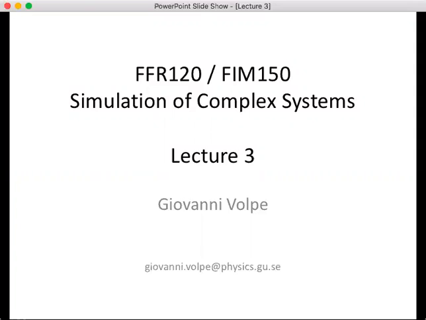But I can already tell you, for example, for the brain, one interesting thing is that what has been observed is that the brain of healthy people has a small world organization and a power law organization in the degrees of the nodes. So it's really not a random graph, it's really a graph that has the properties I described at the end of the lecture.